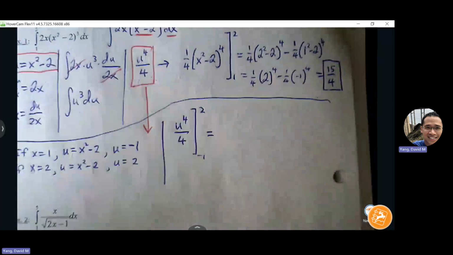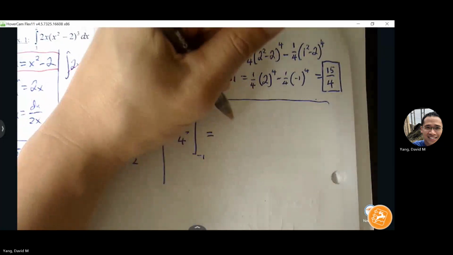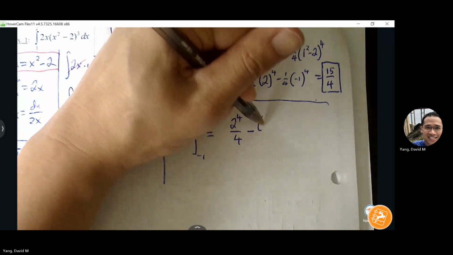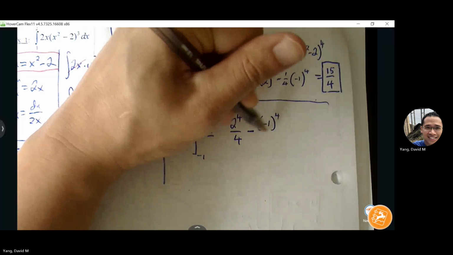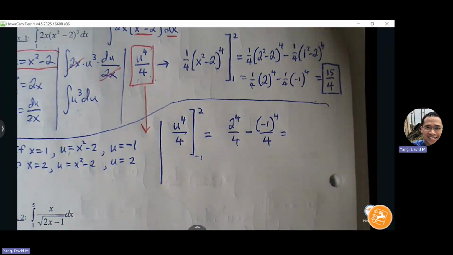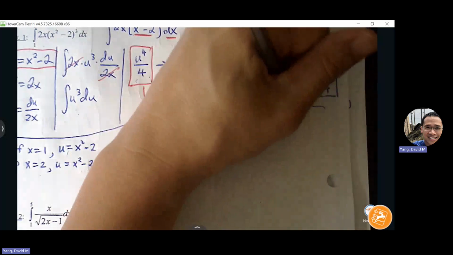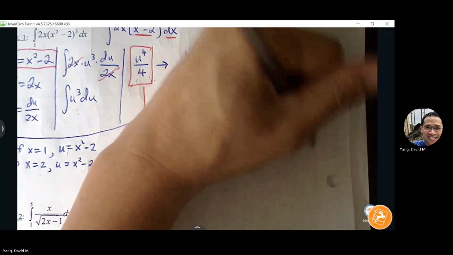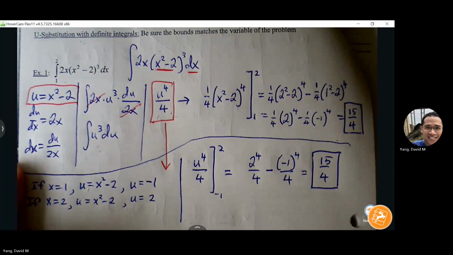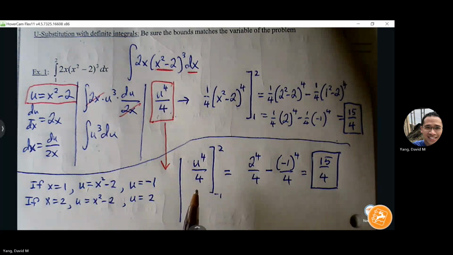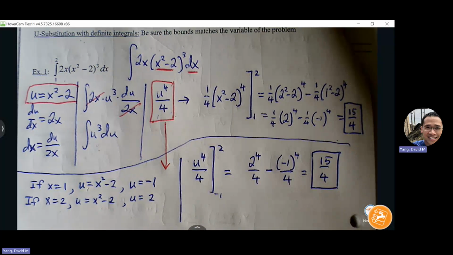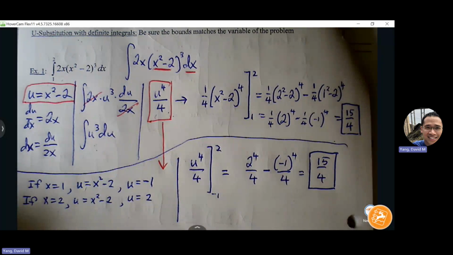I should get the same answer. 16/4 minus 1/4 is 15/4. Do we see the distinction between these two methods?